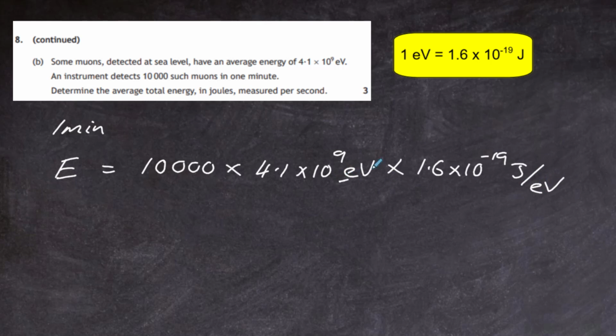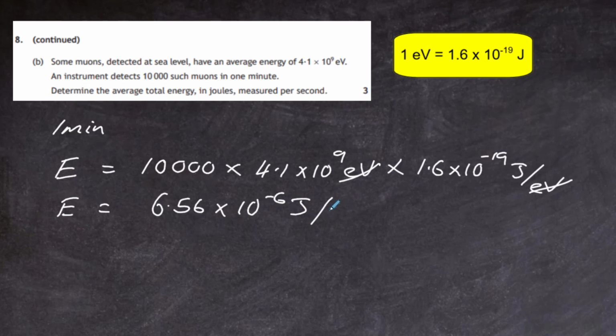So you can see the 2 electron volts are going to cancel out, and we're going to be left with the energy which is going to be arriving there in 1 minute. And if we do that in a calculation, we get energy of 6.56 times 10 to the minus 6 joules.